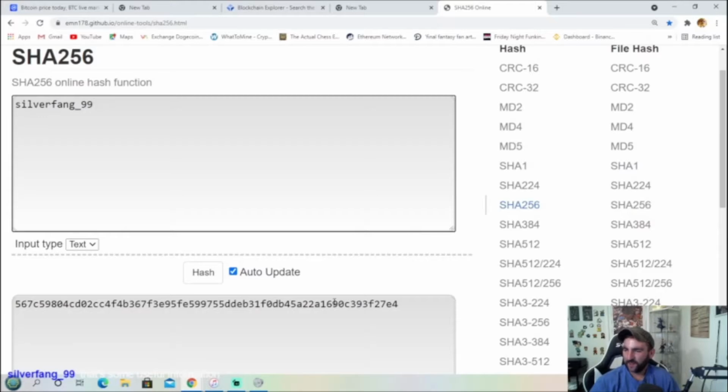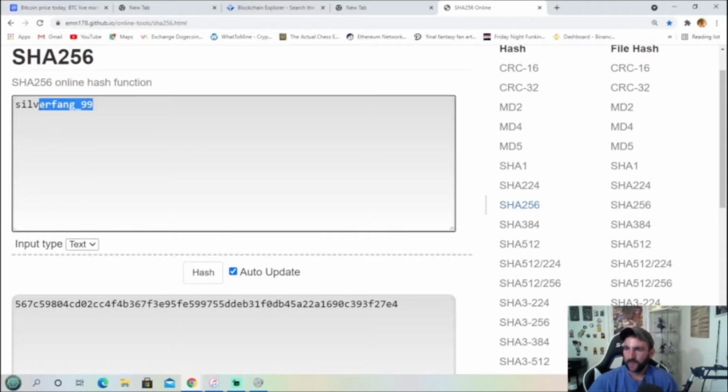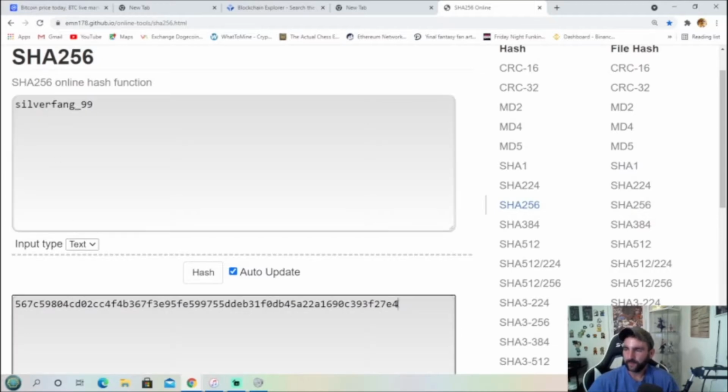Yeah, I guess you could use that and be like, "Oh, you want the hash for my screen name?" And then there's no way to reverse this and get this. This is a one-way hash function. So you can only put this in and get this output.